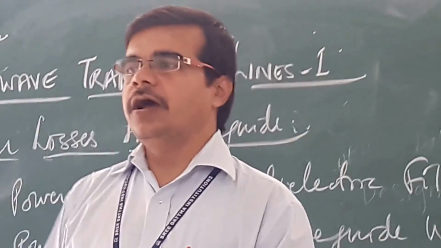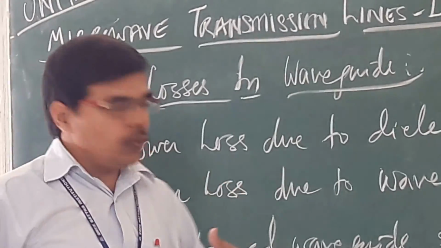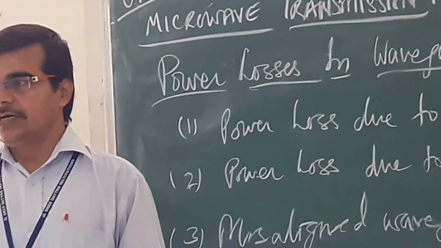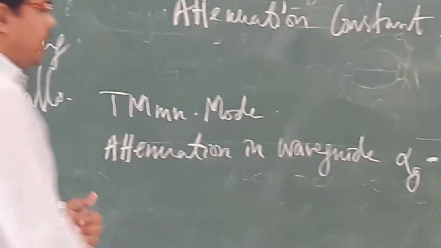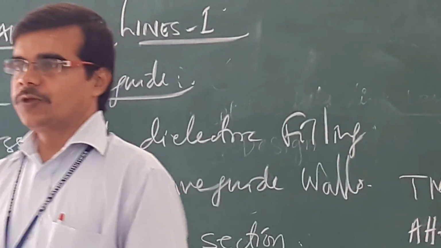When we are considering the transverse magnetic MN mode, the attenuation in the waveguide is denoted as alpha g.